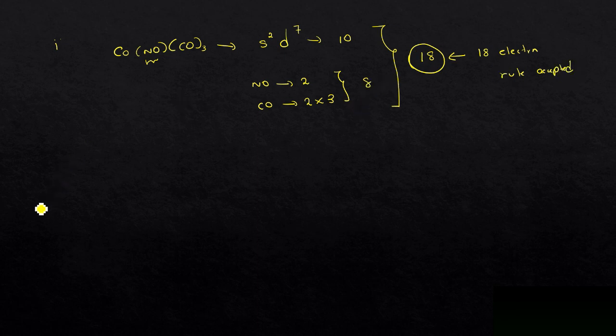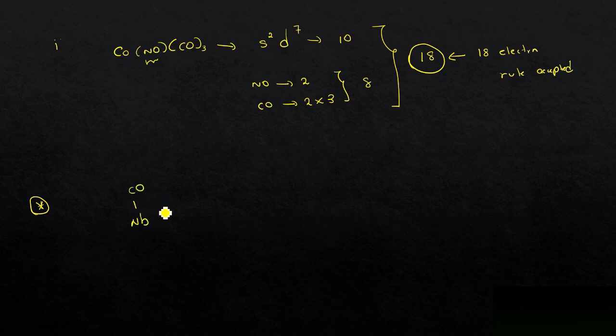But there are exceptions, right? Let's take this one. This is a very particular example of not accepting the 18 electron rule. I will give you this particular complex. This is a very good complex.